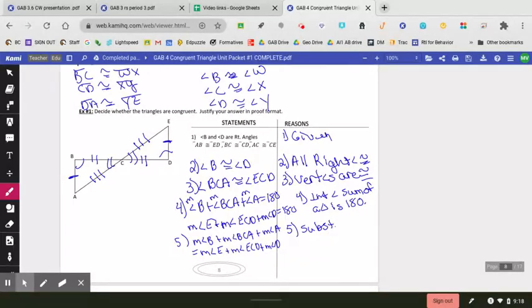Then I know that B is equal to D, so I'm going to subtract those from both sides. And I know that BCA is equal to ECD, so I'm going to subtract those from both sides. So subtraction gave me that angle A is congruent to angle E.